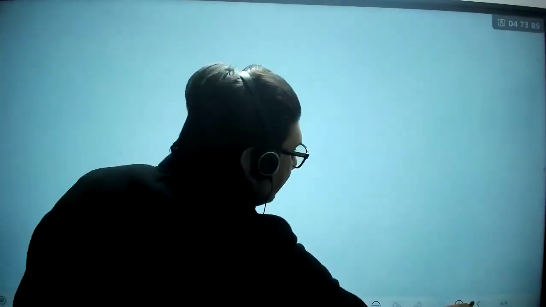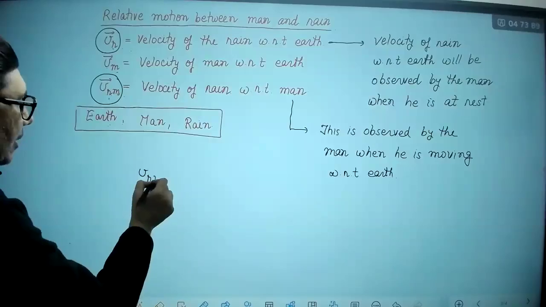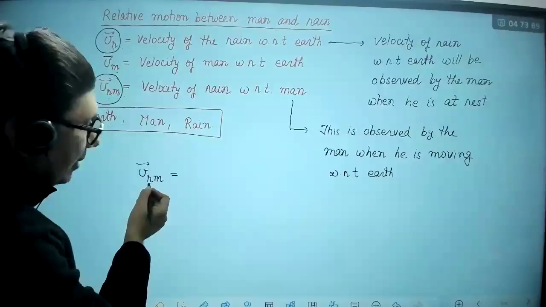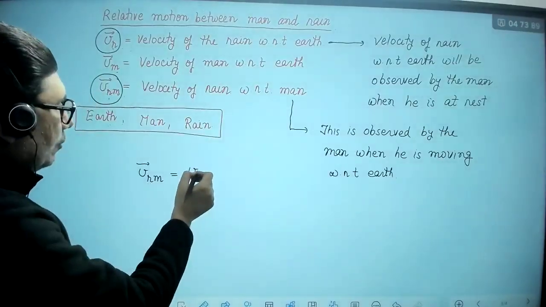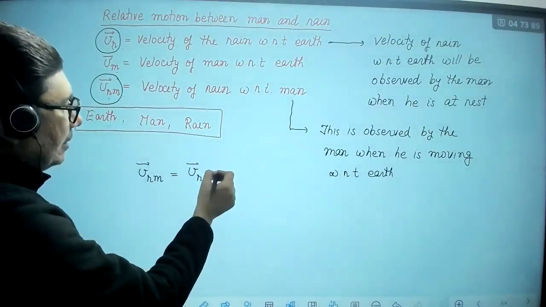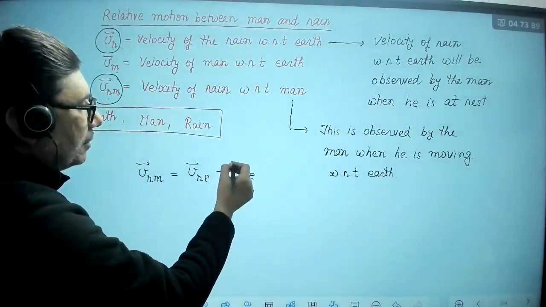Next. Before this, now what will be the velocity of the rain with respect to man? This will be equal to, who is missing? Earth is missing. So velocity of the rain with respect to earth minus velocity of the man with respect to earth.